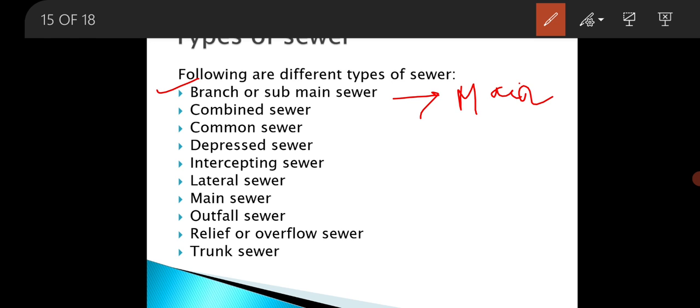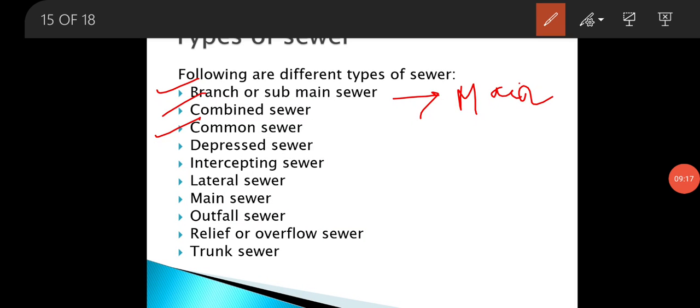Second one is combined sewer. The sewer which carries domestic sewage and storm water is known as a combined sewer. Third one is common sewer. The sewer on which all the inhabitants have equal legal right is known as a common sewer.